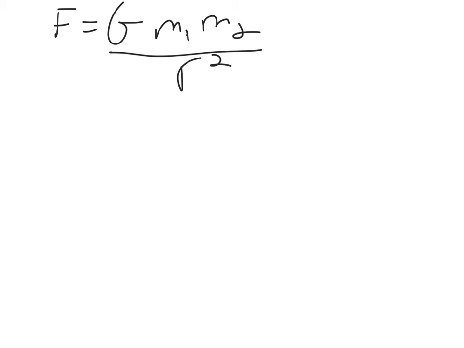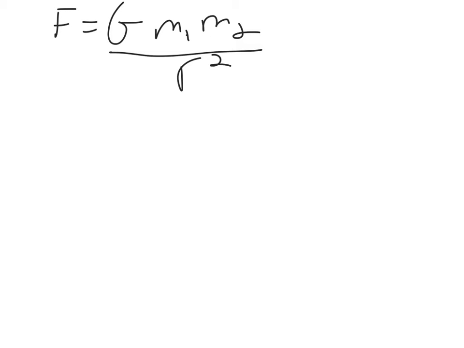So moving right along into Newton's universal law of gravitation, I won't bore you anymore with the details of how Newton derived that equation, but it is F equals capital G, mass 1, mass 2, over r squared.